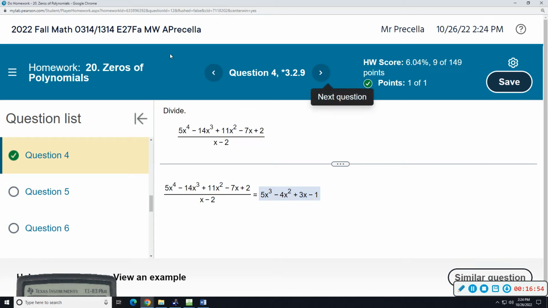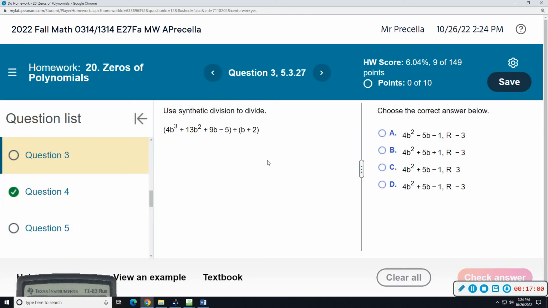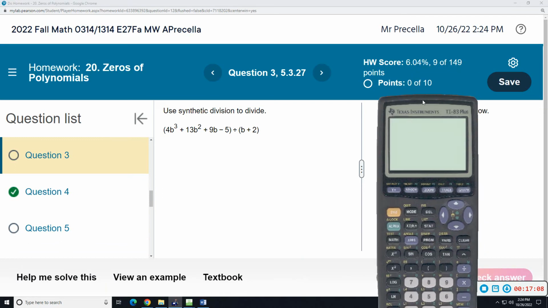Nice little way of doing this. How about number 3? Let's do number 3. I think problems 1, 2, and 3 are multiple choice. So let me write down number 3. Okay.